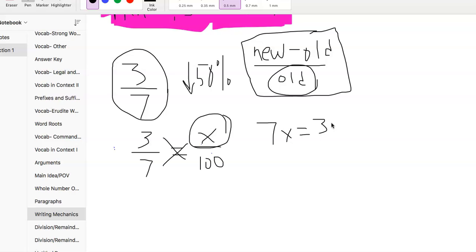Okay, this is how you solve these kind of things. From here, divide each side by 7, and x is going to be 300 divided by 7, whatever that number is. Okay, so it ends up that if you do the math and you divide 300 by 7, that if you round up, that number comes out to be 43%.